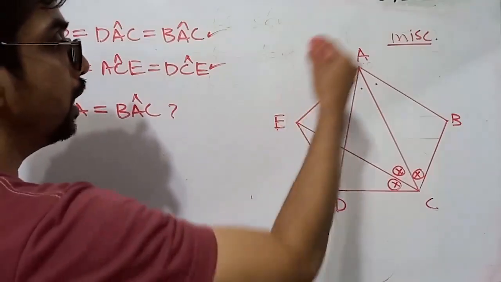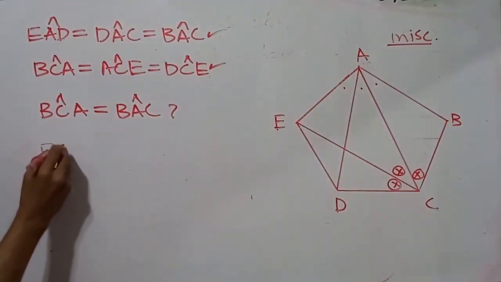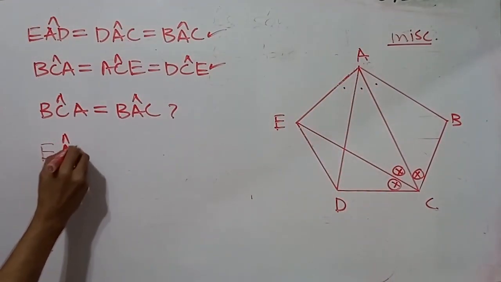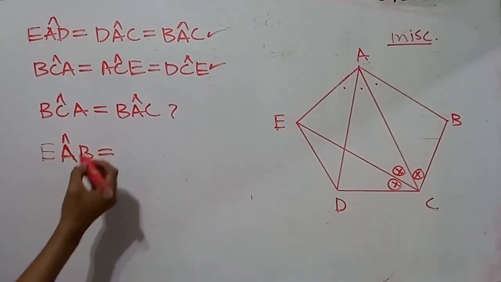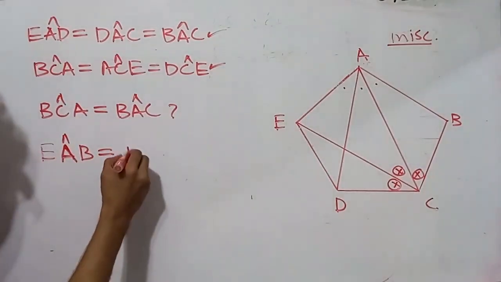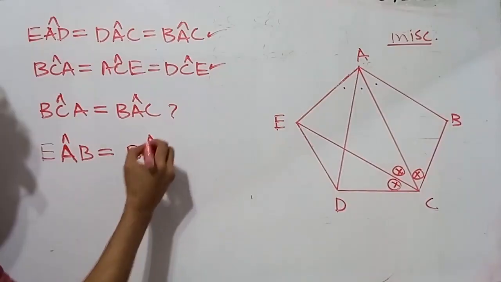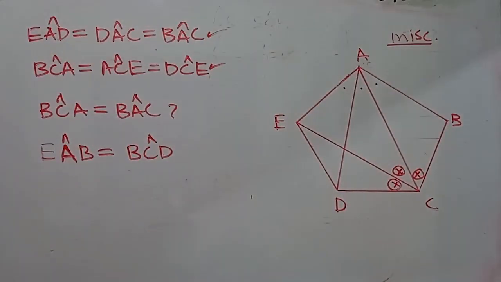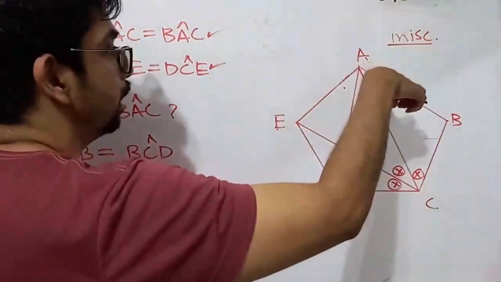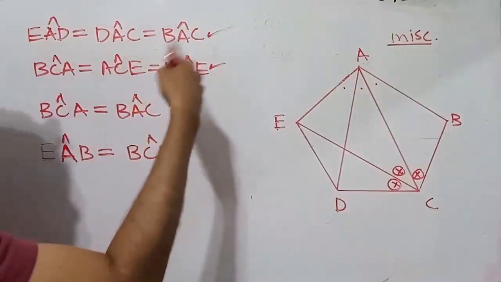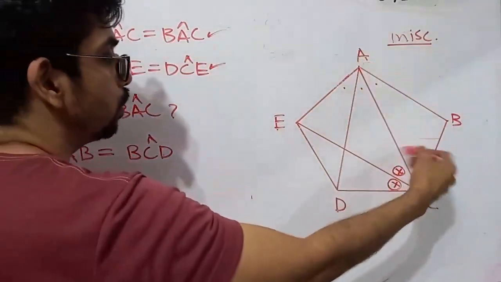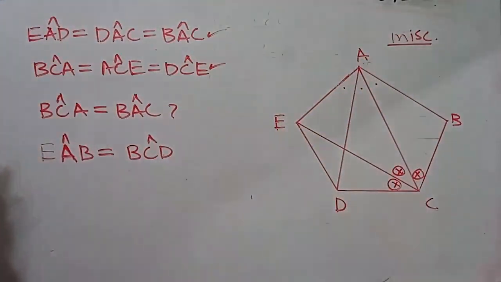That means EAB angle is equal to BCD angle, right? Each of the angles are equal in magnitude.